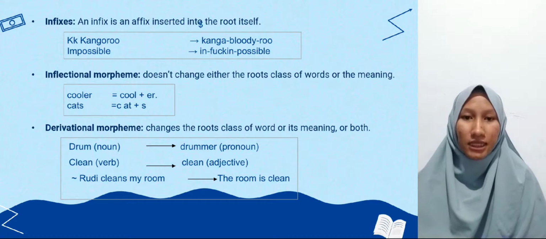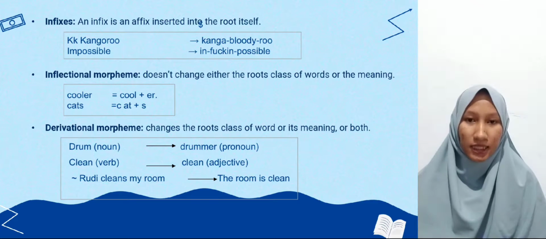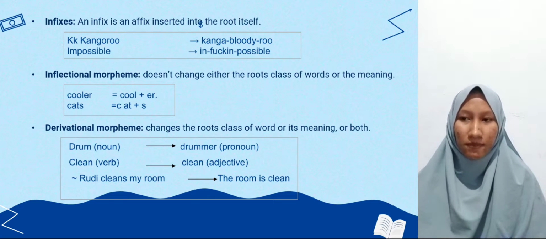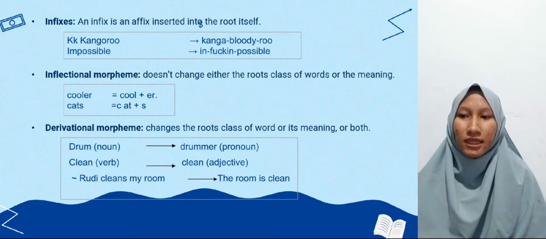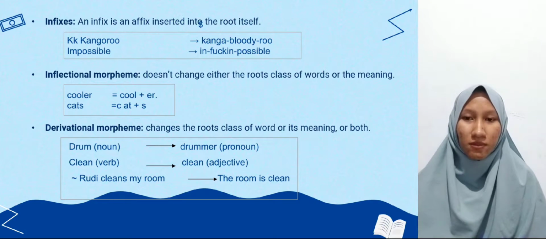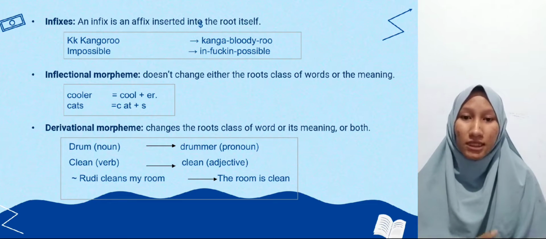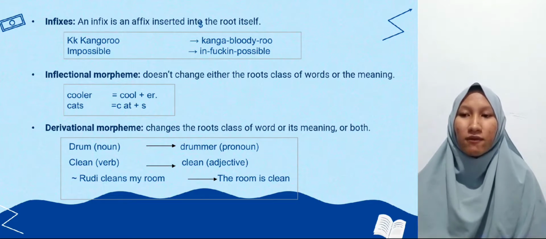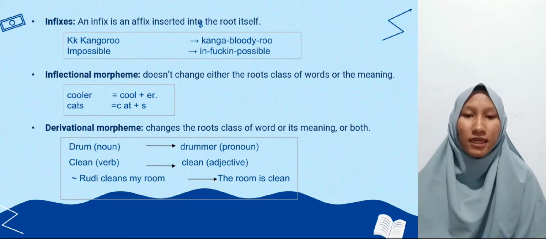The first clean is a verb, yang artinya membersihkan, but the next clean is an adjective, with the meaning bersih. As you can see in the example, Rudy cleans my room, and the room is clean. The first clean is a verb, and the second clean is an adjective.